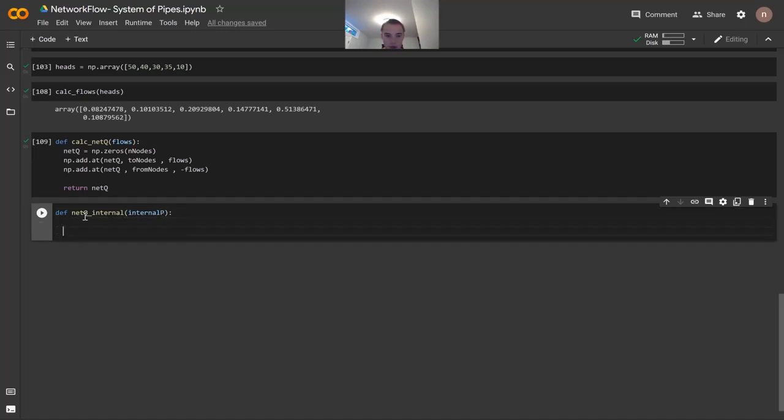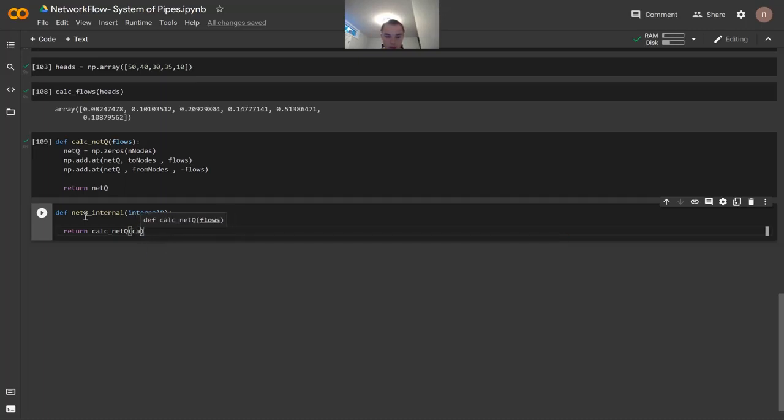This is going to return our calculated net flow, which we had above. So calculated net Q, and this net Q will be calculated based on the flow between each pipe, given iterating through our head values at each node.